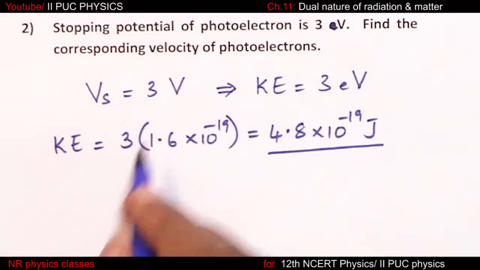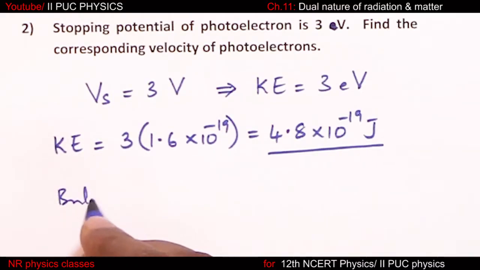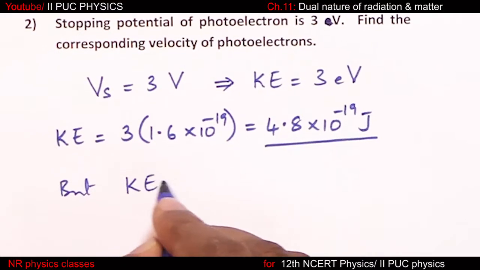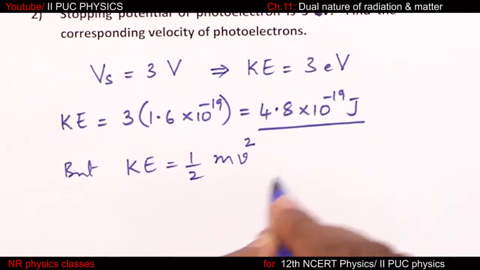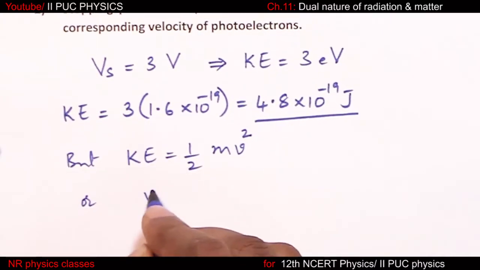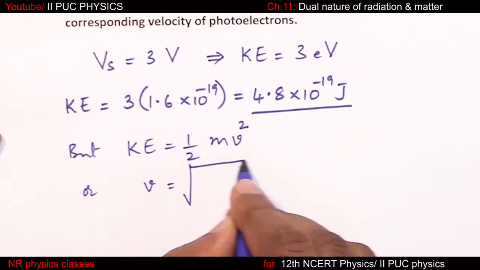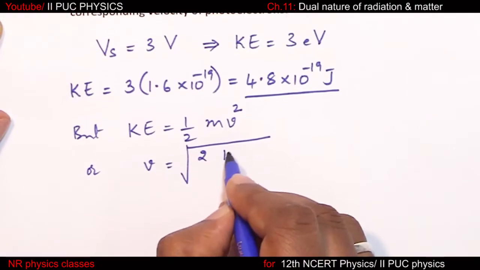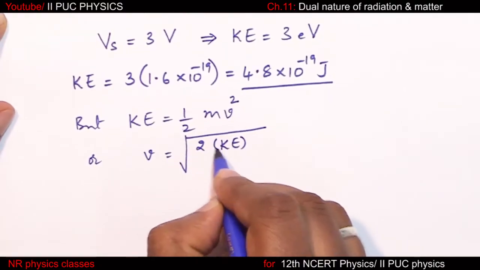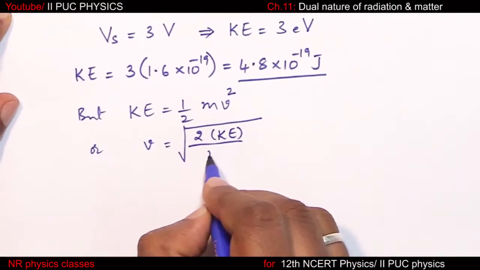We should find velocity, but kinetic energy equal to half mv square, or v equal to root of 2 times kinetic energy by mass.